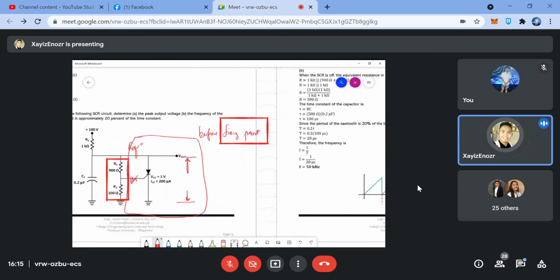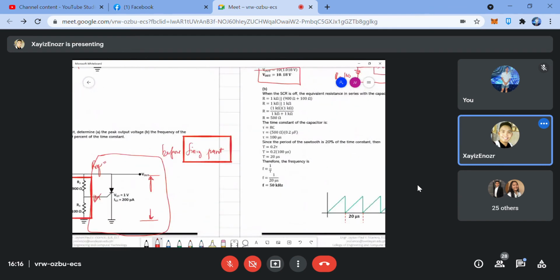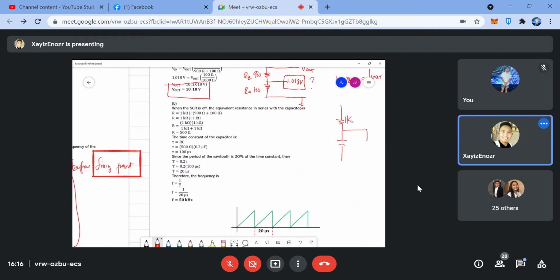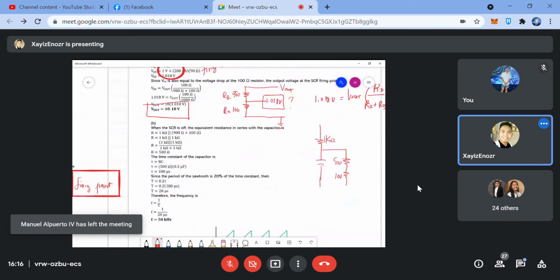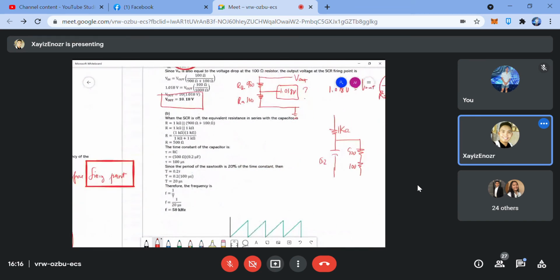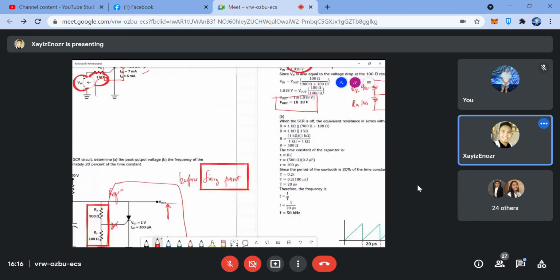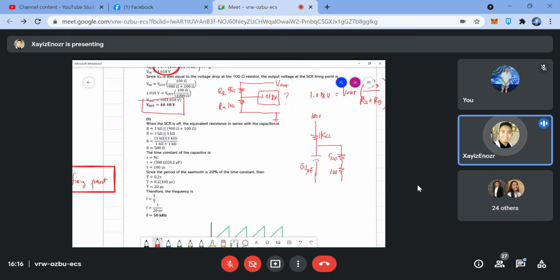Pag wala yung side na yan, ang magiging itsura ng circuit mo, pag i-reconstruct mo yan, yan. Okay. So, tingnan natin. Pag naka-off si SCR, ito yung tsura niya.